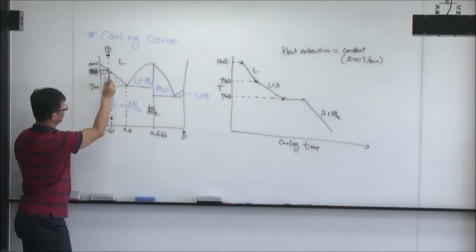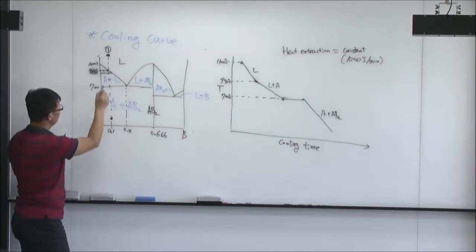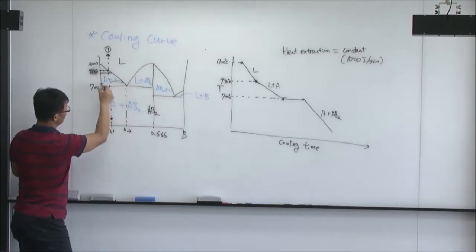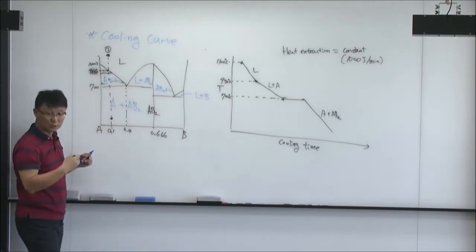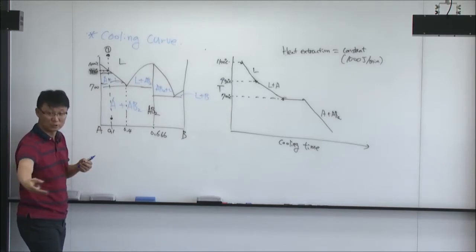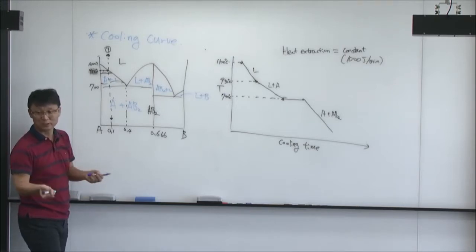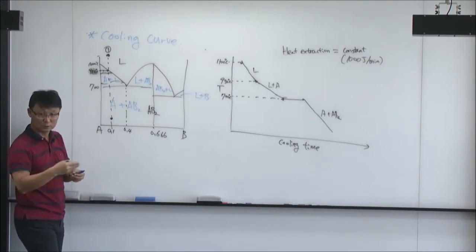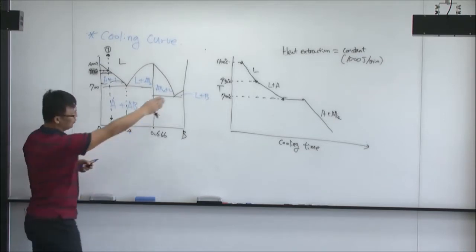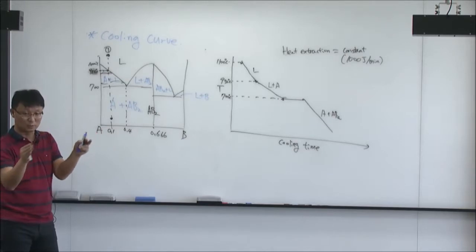At this one, this amount of solid, this amount of liquid, divided by the entire range. And here, this amount of solid, this amount of liquid. So the amount of solid increases from 0 to a certain value continuously. There's no sudden increase or decrease. The slope can change, but it doesn't stop the decrease of temperature.